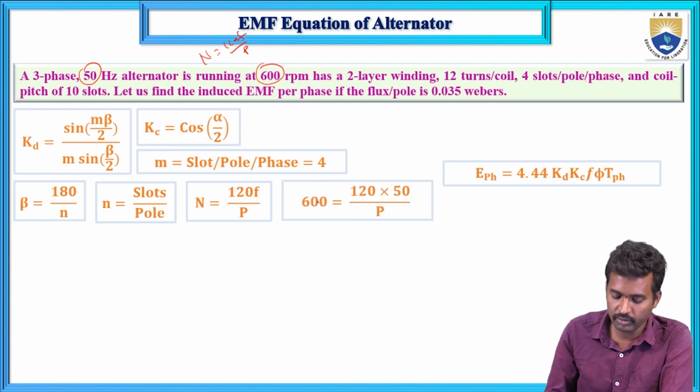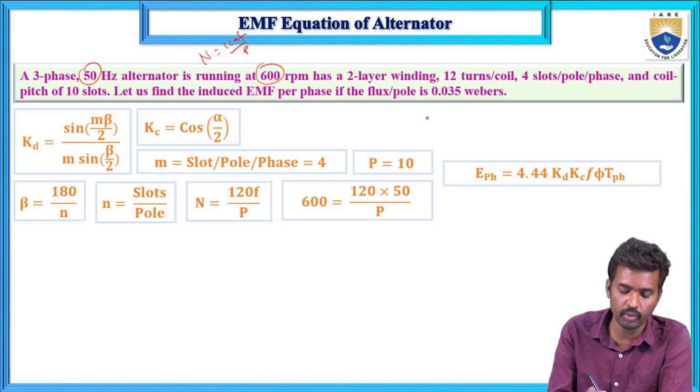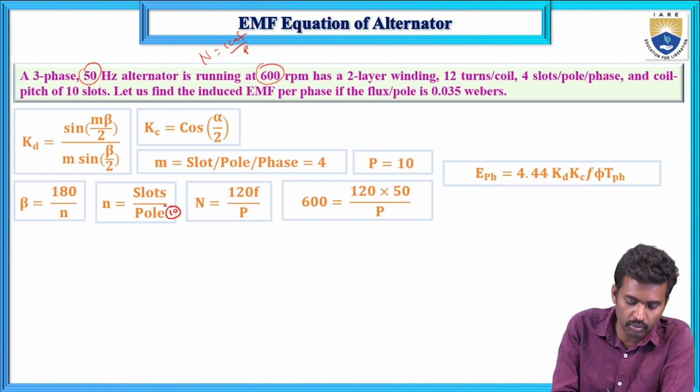So p equals 10 poles. So we have 10 poles.